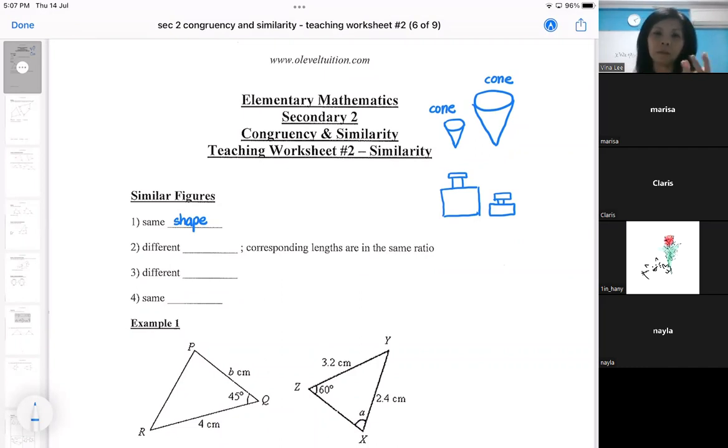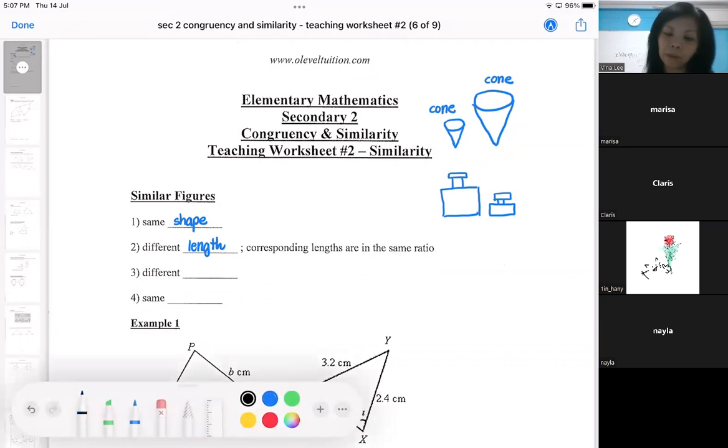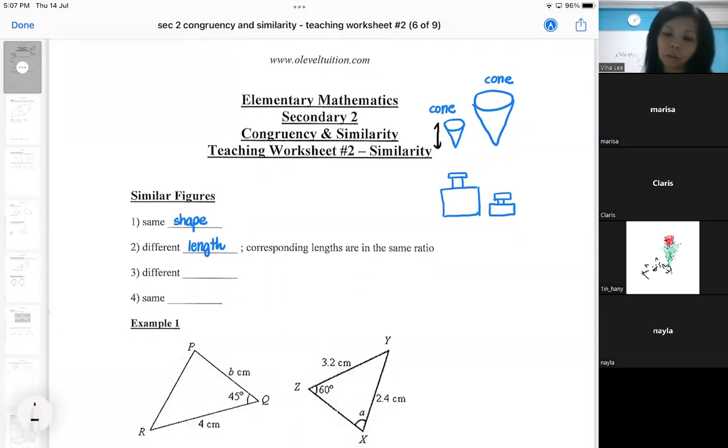Because you are dealing with something bigger and something smaller, of course their lengths are different. If you look back at the cone, the smaller one is shorter compared with the bigger one, and of course the diameter of the cone is also different.